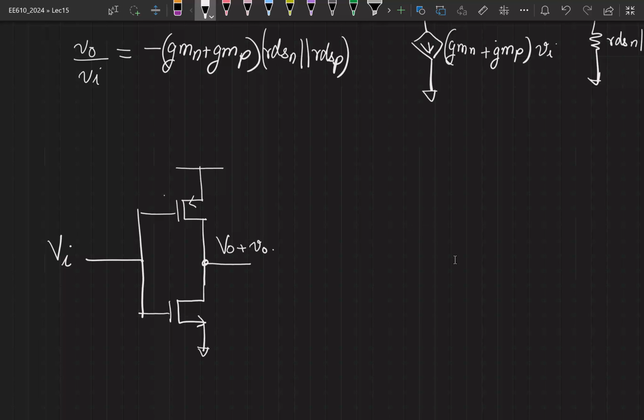For now I'll simply call it as some large signal, a total Vi and some total V0. Right? Does this circuit look similar to you? Where have you seen this? Right? This is simply a CMOS inverter. So the very basic building block of digital circuits, a CMOS inverter, is in fact a variant of common source amplifier.